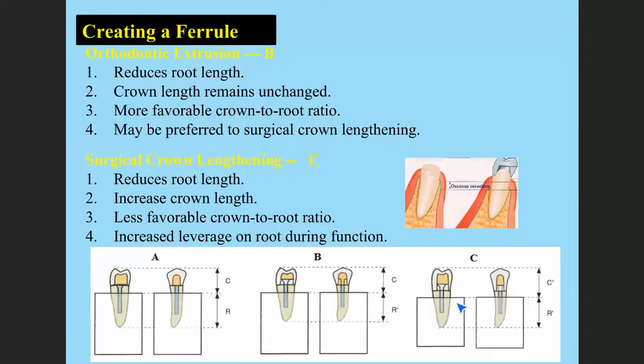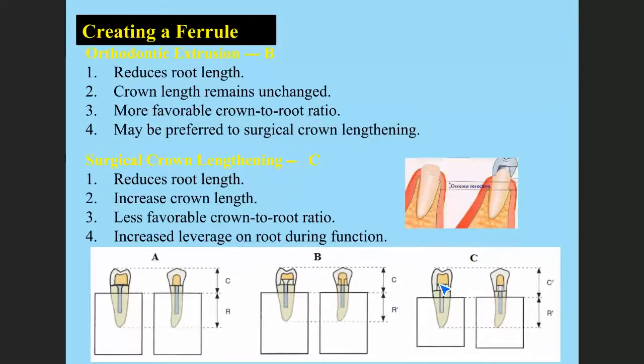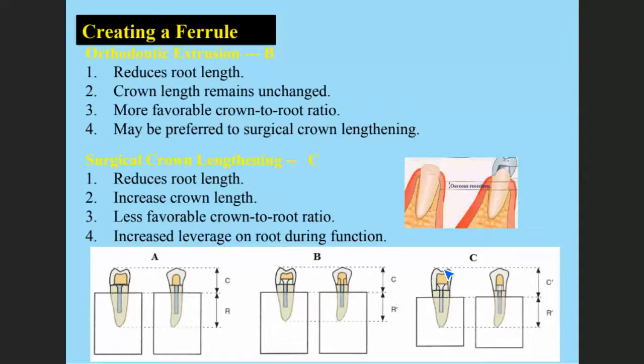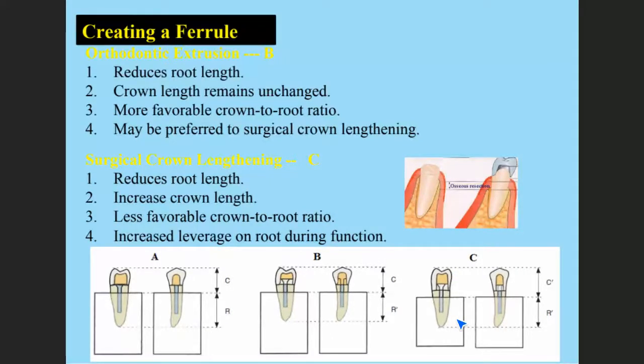Once you do surgical crown lengthening, you will cut bone around the root, so you will reduce the length. The part that you have cut will now be calculated as part of the clinical crown. So the clinical crown will be longer, which will give you an unfavorable crown to root ratio. The minimum crown to root ratio is 1:1. So with orthodontic treatment, you will maintain this ratio.